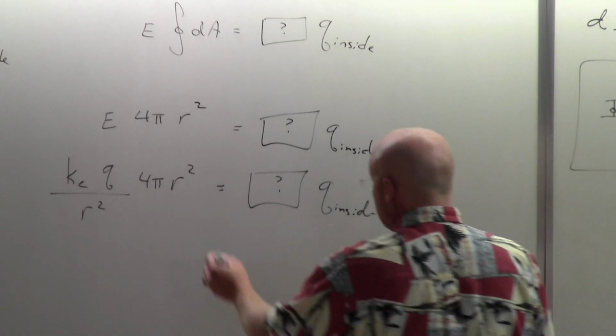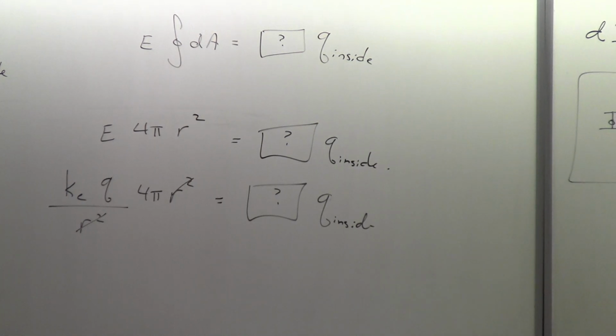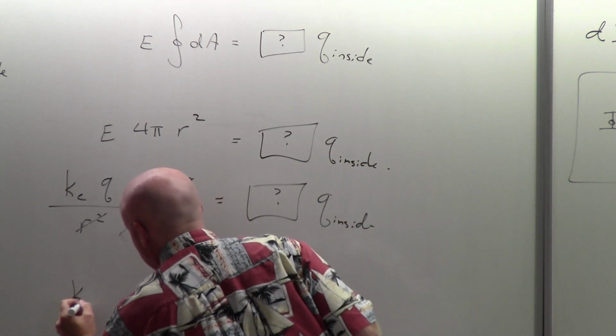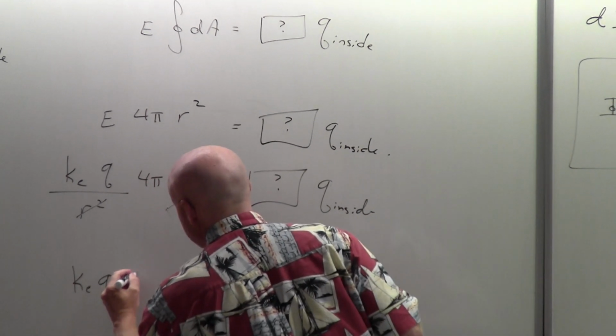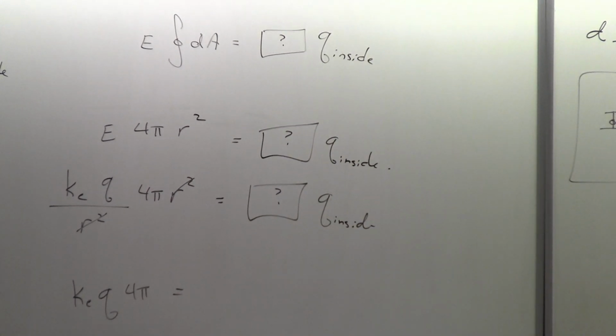And you'll notice something, that the R squared shows up on top, but the R squared shows up on bottom. So notice that the amount of flux, this, does not depend upon how big I made this sphere.